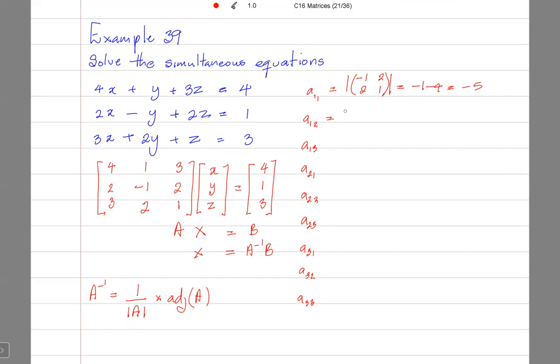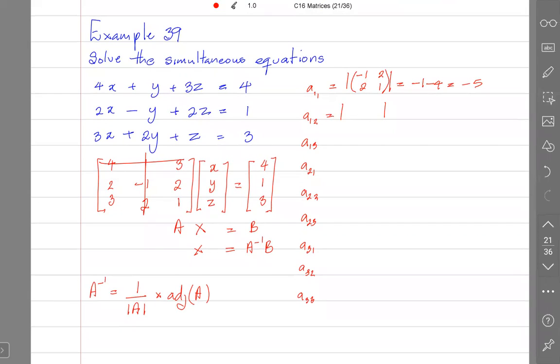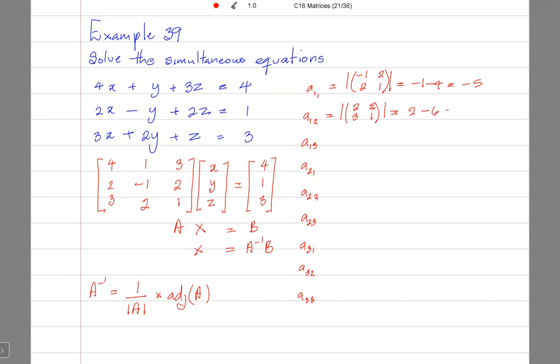The cofactor would be the determinant of the ones if I block out here and here. So that's 2, 3, 2, 1. That's the determinant of 2, 3, 2, 1: 2 times 1 is 2, minus 2 times 3 is 6, which gives minus 4.